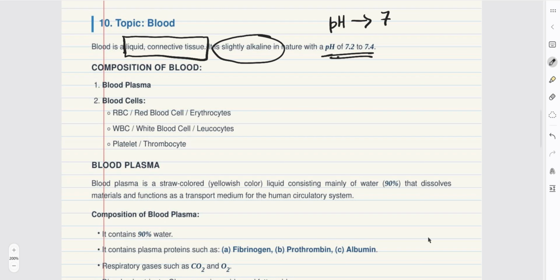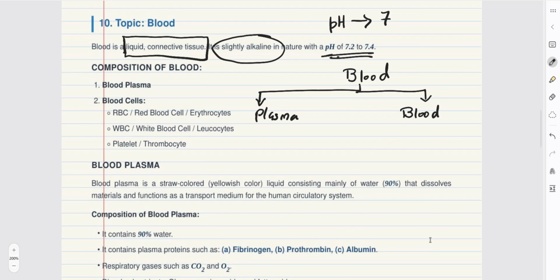Right? Now blood contains two parts. If I give you a flowchart, it contains two parts. One is the blood plasma, and one is the blood cells. All right, so remember, blood cells are only of three types: the red blood cell, white blood cell, and the platelet.